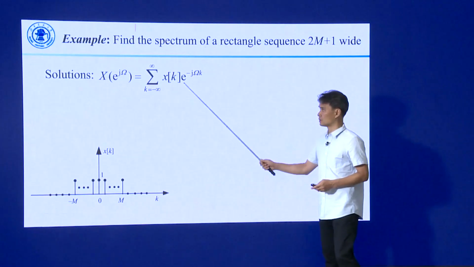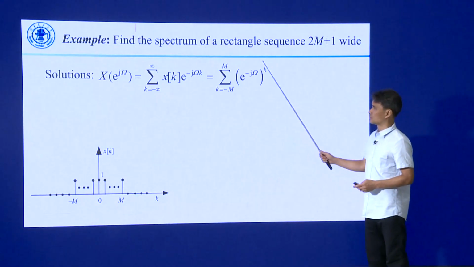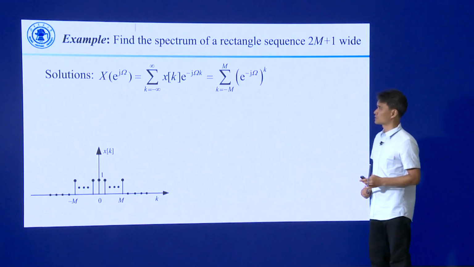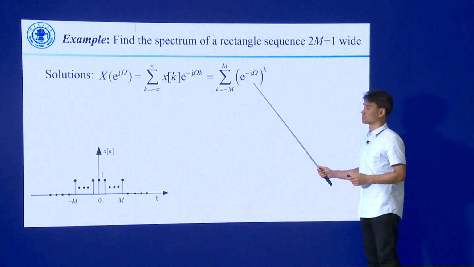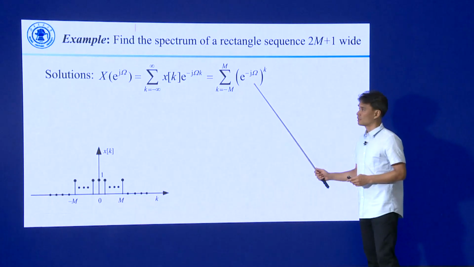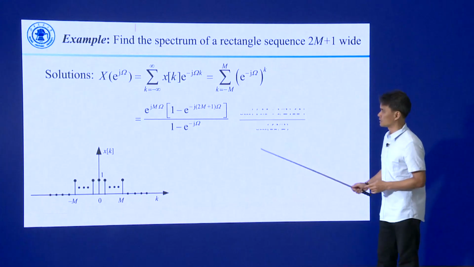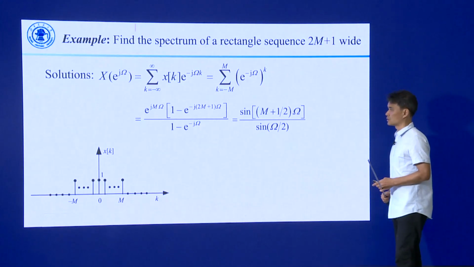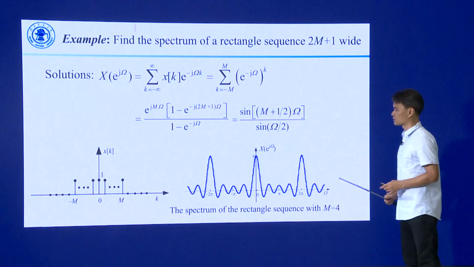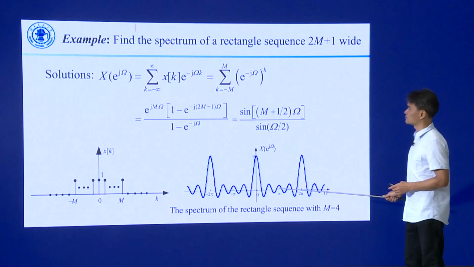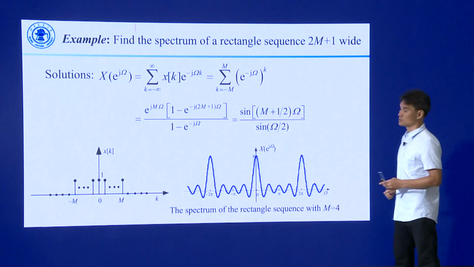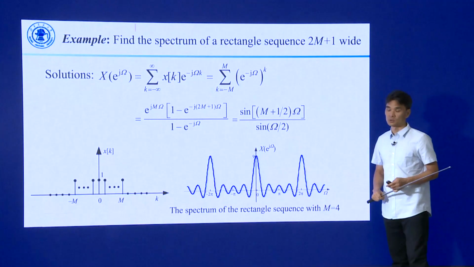Plug that into it, and here is the partial summation of the imaginary exponential signals. And we can calculate the partial summation and do a simplification. Here is the graphic representation of the rectangle sequence with width equal to 2 times capital M plus 1.